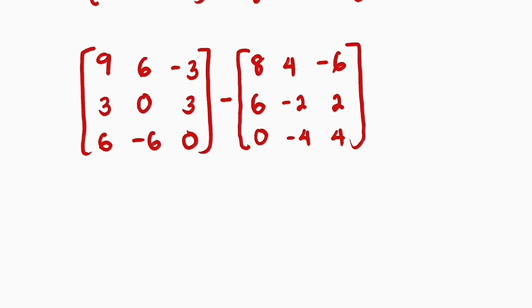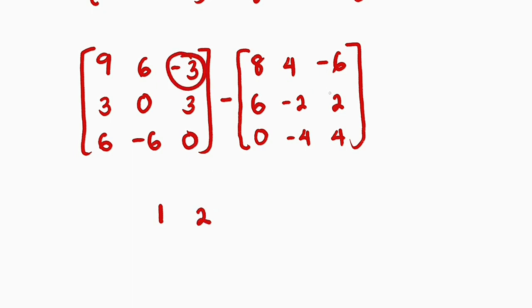All right. We are only going to relate corresponding elements. So this goes to this goes to this, in that order. So 9 minus 8 is 1. 6 minus 4 is 2.